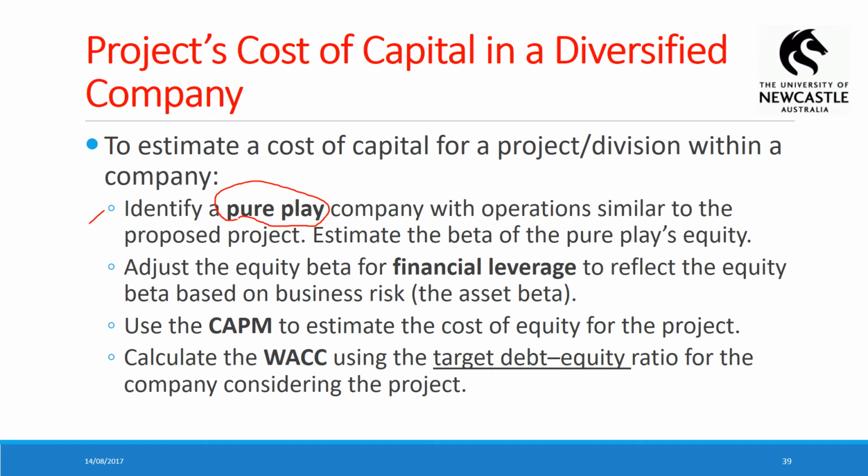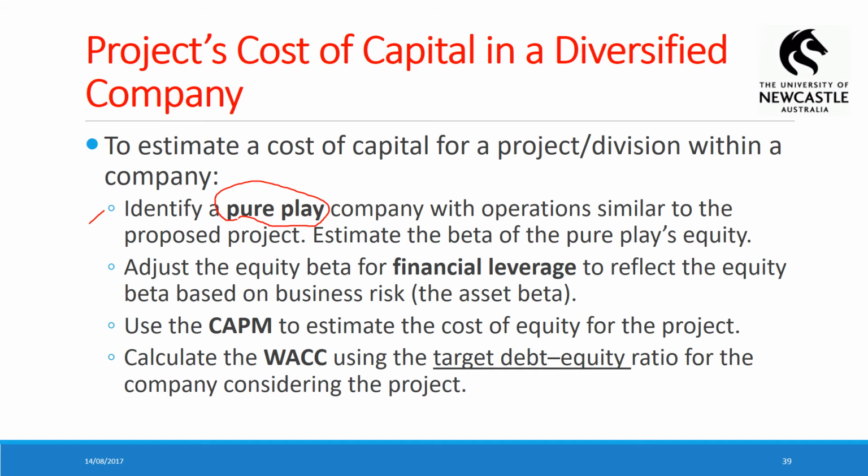So if we were to buy a fashion brand, we want to compare our acquisition with another company that only operates in the fashion industry. This is what we call a pure play approach.